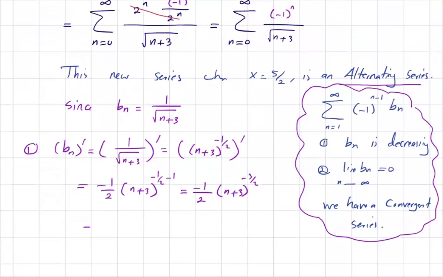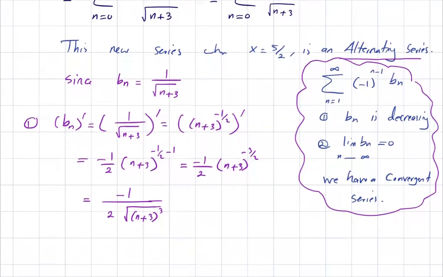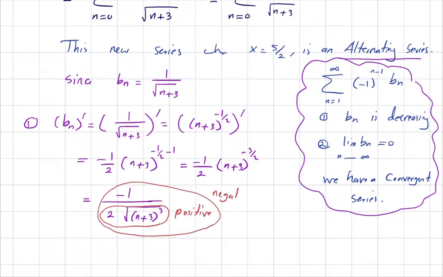Or this is negative 1 divided by 2 times the square root of n plus 3 to power 3. This is always positive, but since you have negative 1 on the numerator, it is negative.